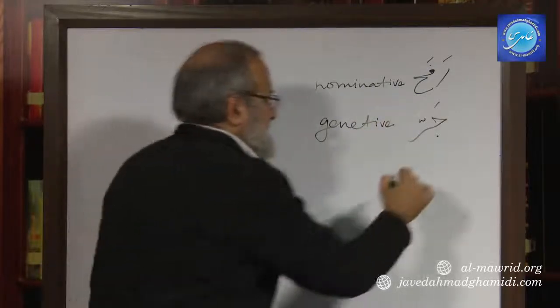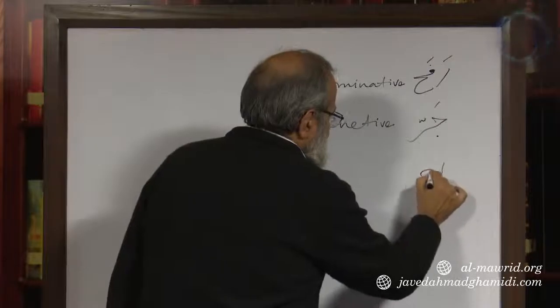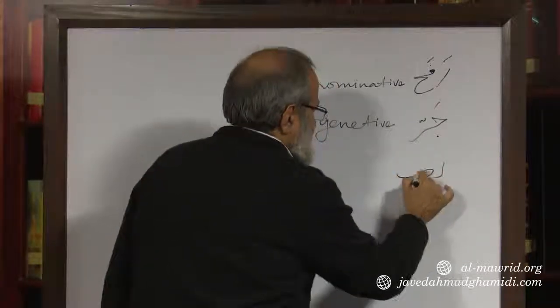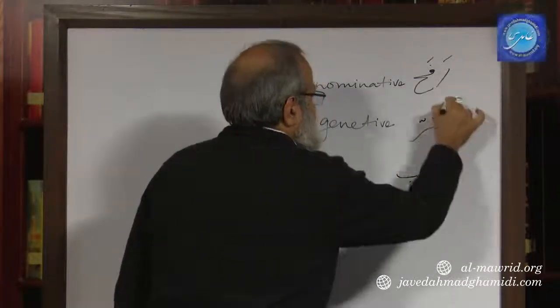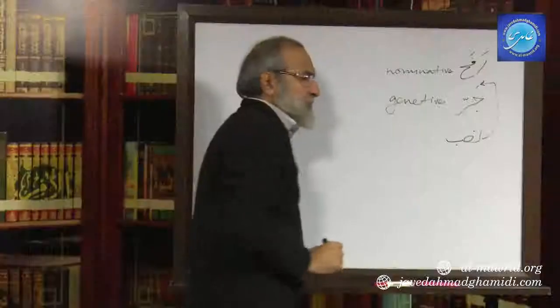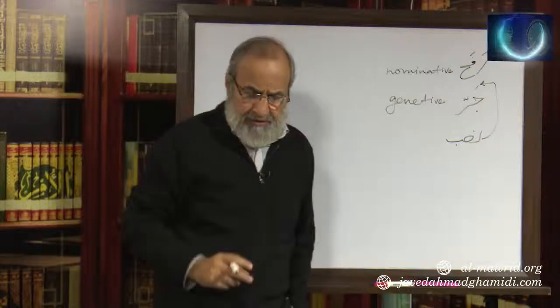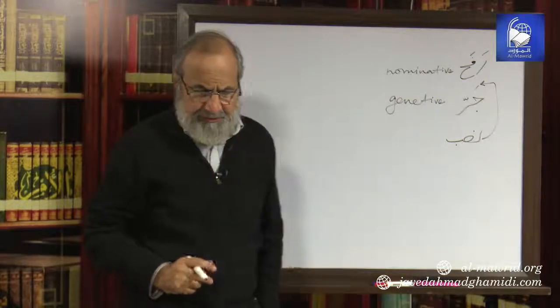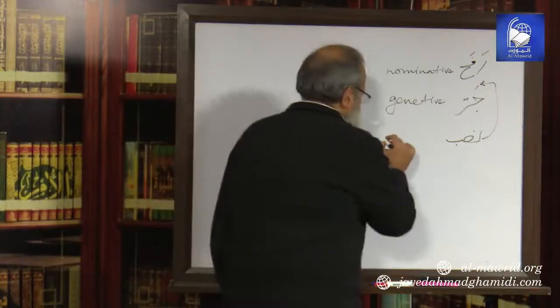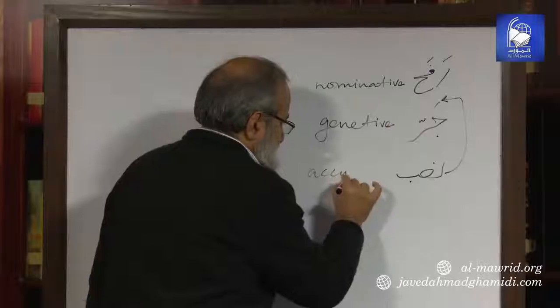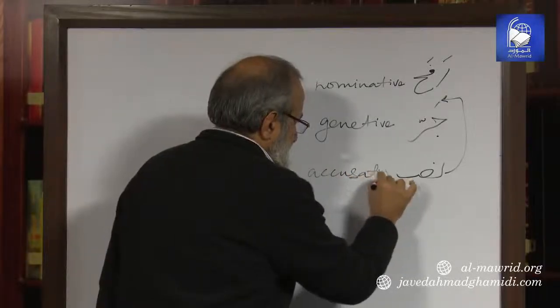But when it came to the third possibility, which normally when you discuss the i'rab comes in between the two, and the reason why it is so, hopefully I'll find time to mention at some later stage, this is the accusative case.